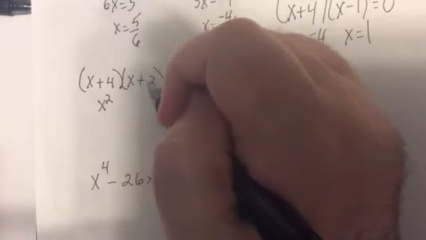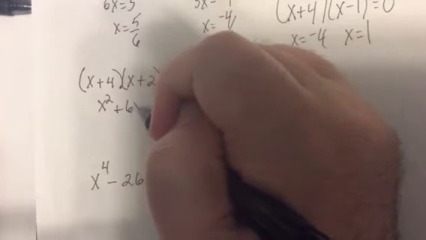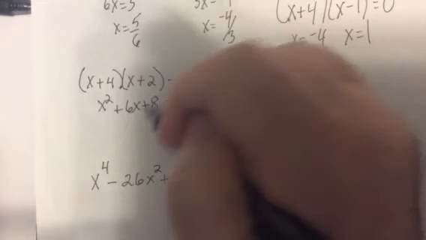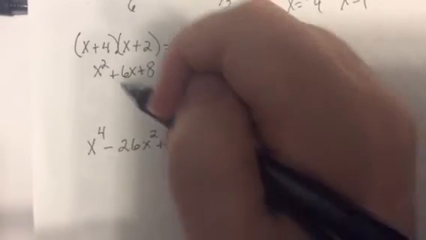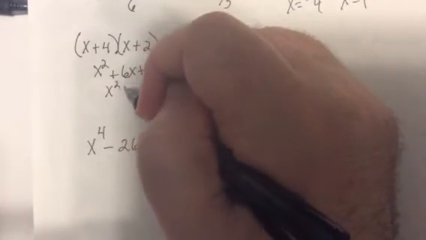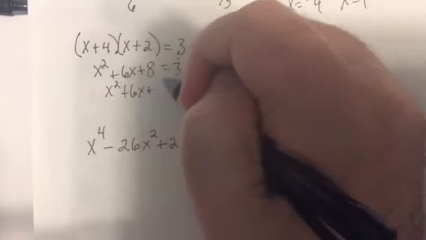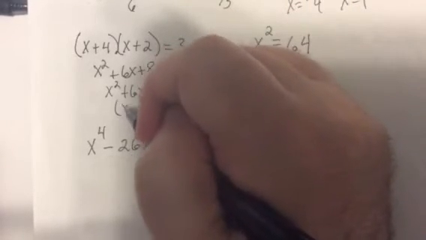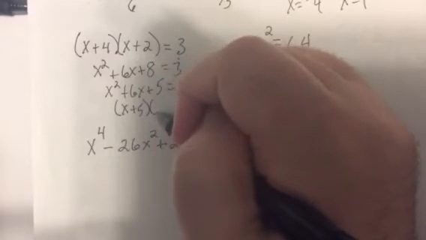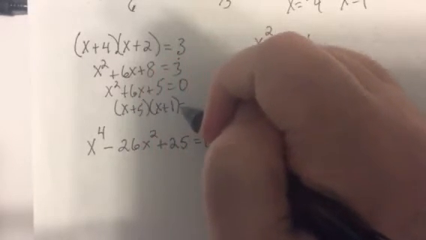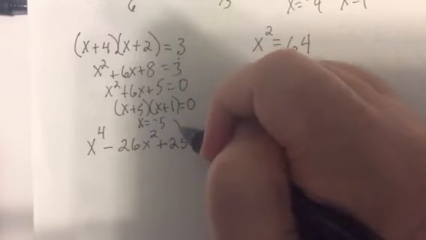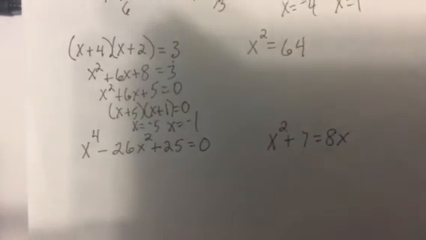X squared, 4x and 2x is 6x. 4 times 2 is 8. I'm going to subtract the 3. Let's bring it up here. So it's x squared plus 6x plus 5. Then I'm going to factor to get a product equal to 0. So x equals negative 5 or x equals negative 1.